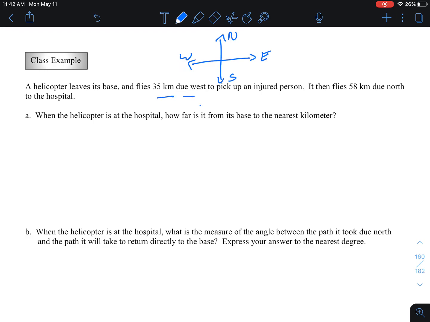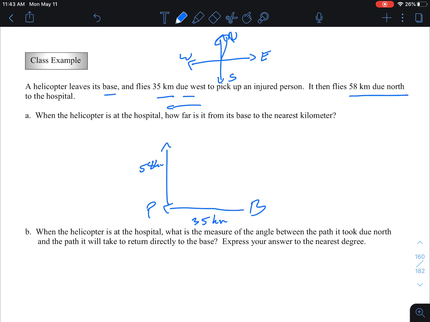So due west means in a west direction here, and it's from the base. So I'm going to start with B as my base. From there, I'm going to fly due west for 35 kilometers. They pick up some injured person, so that's where the person is. And then from there, they fly 58 kilometers due north. Well, due north is exactly perfectly vertical. There we go.